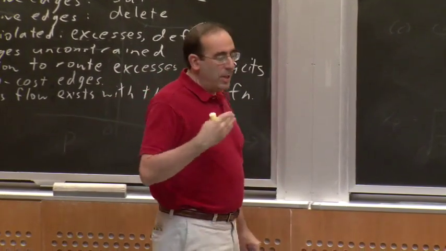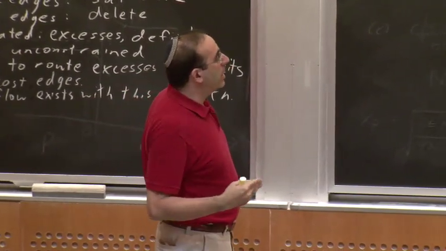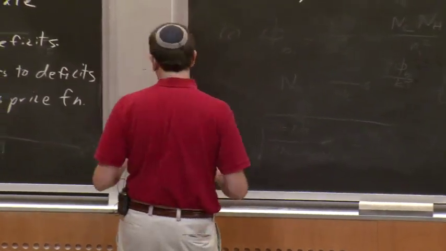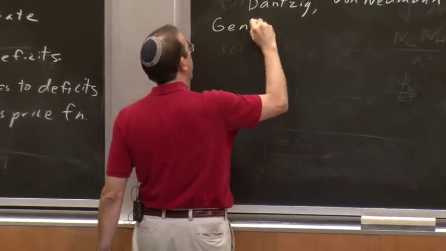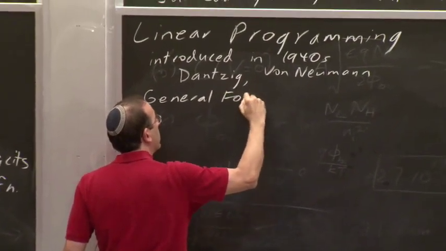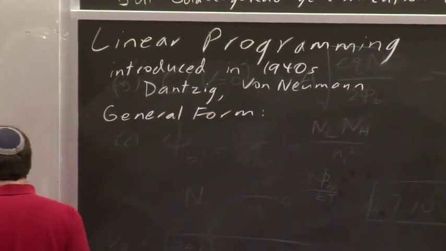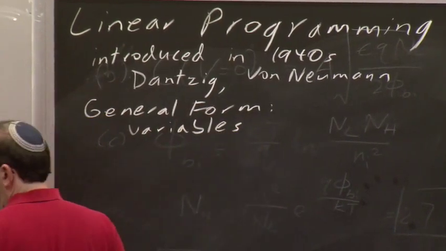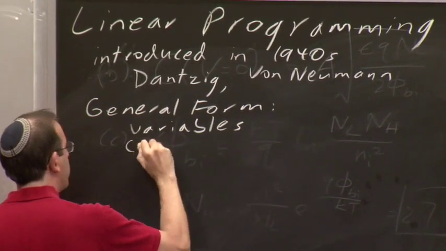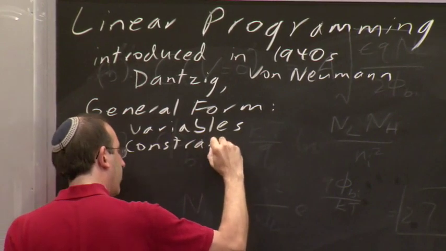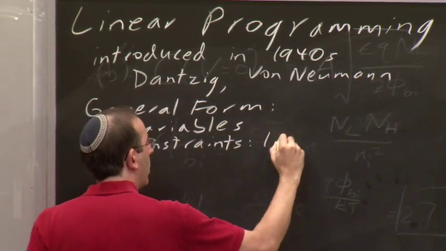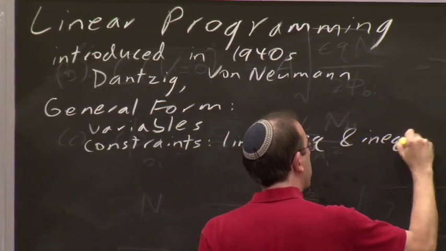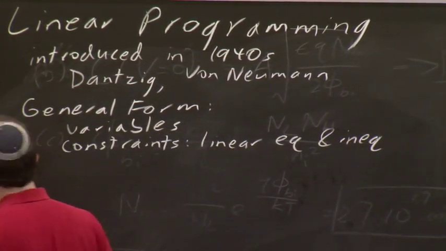This is actually, we're going to have some fun with this problem because if we just want this sort of general form, right? So we're going to have a collection of variables. We're going to have a collection of constraints, which are linear equalities and inequalities over the variables.